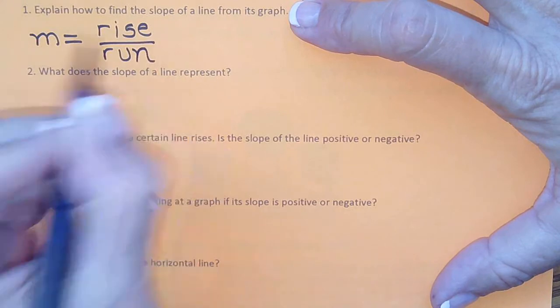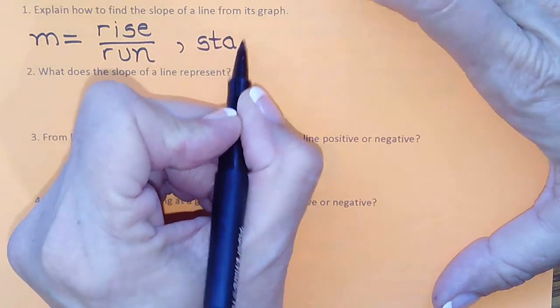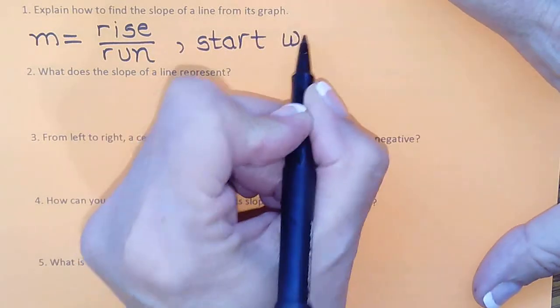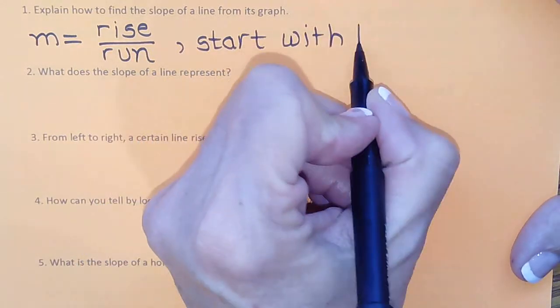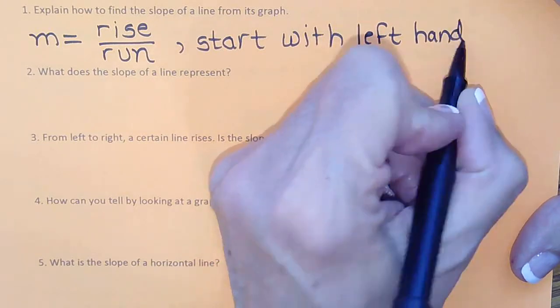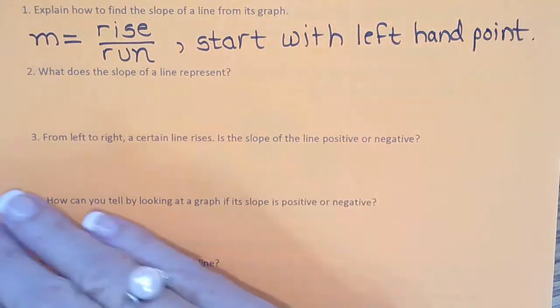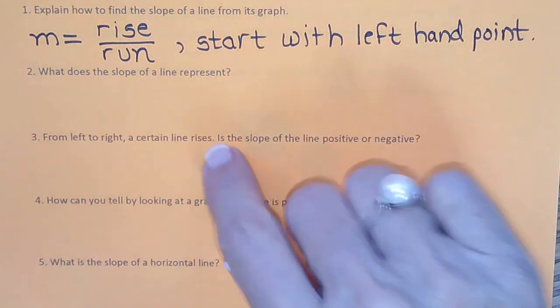And which point do we always start with? The point on the left, right? Start with the left-hand point. Because remember how I said you always start, just like you read a book, from left to right. So start with the left-hand point.